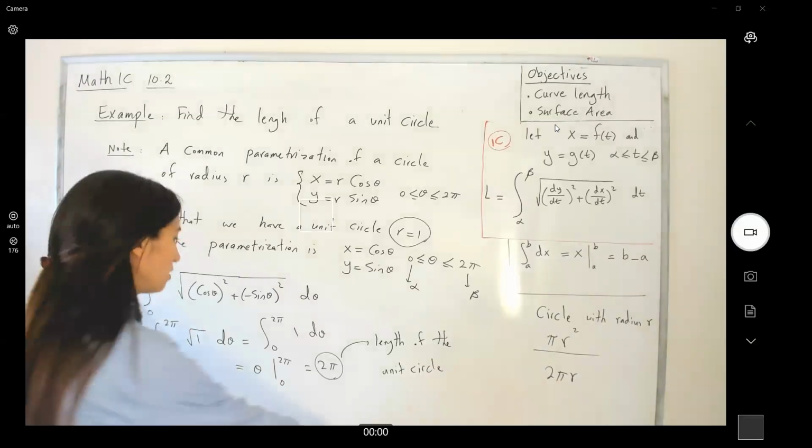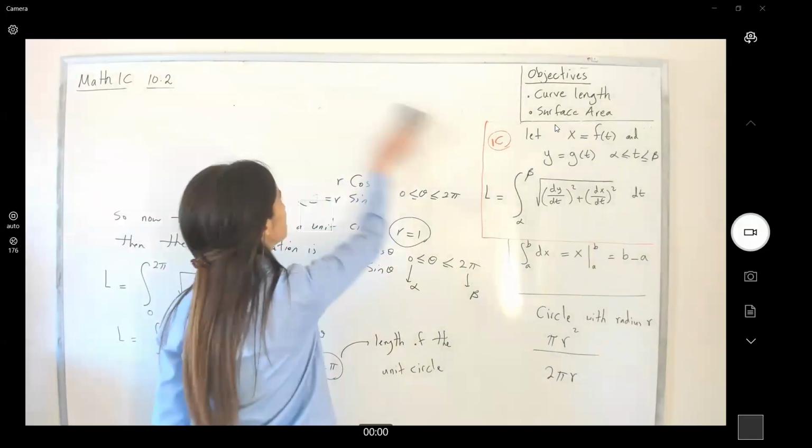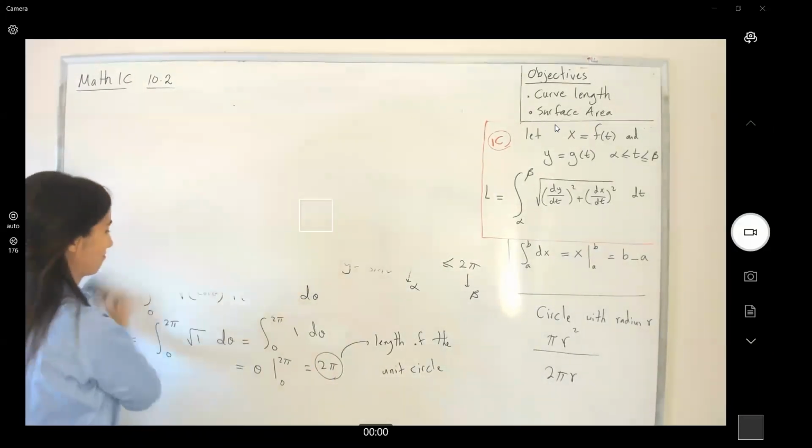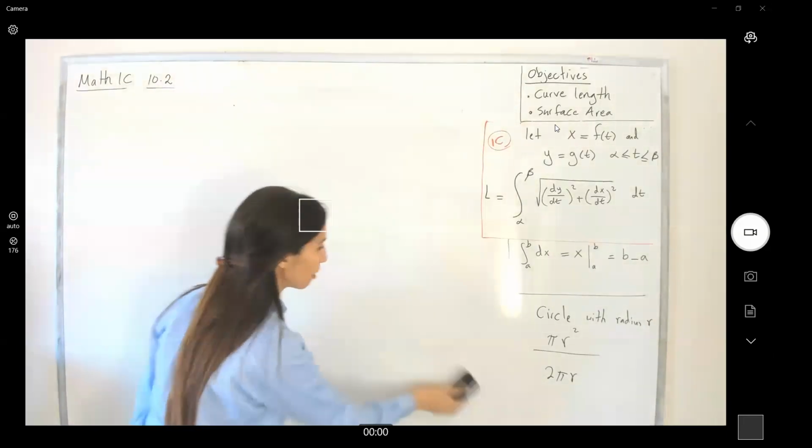Perfect. So let's move on to the next formula, the surface area. What you learned in Math 1B, we're generalizing the idea to a parameterized curve.